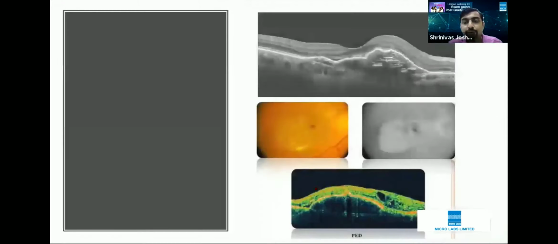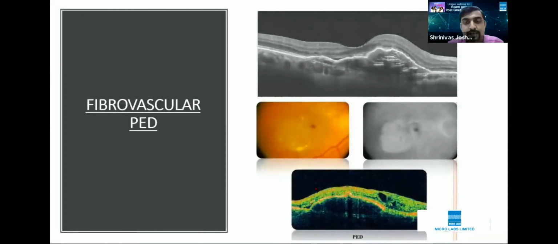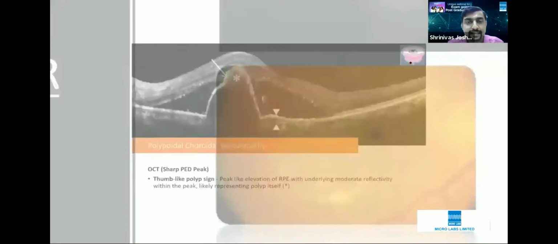Now, I have already described this. This is the fibrovascular PED, where you can see a pigment epithelial detachment with a vascular network, also called a multilamellar or multi-layered pigment epithelial detachment.